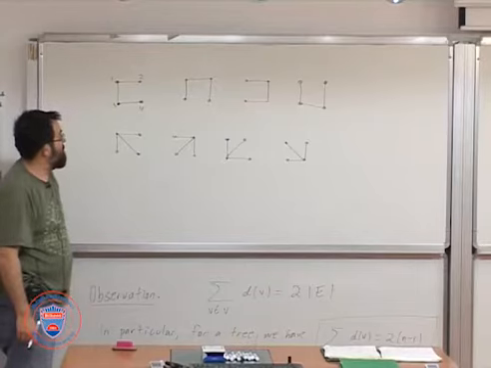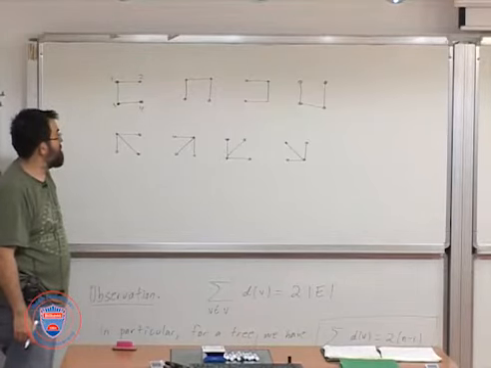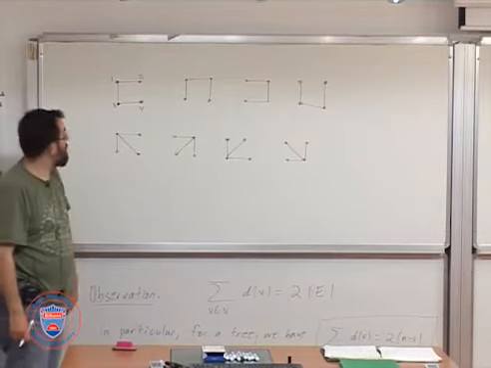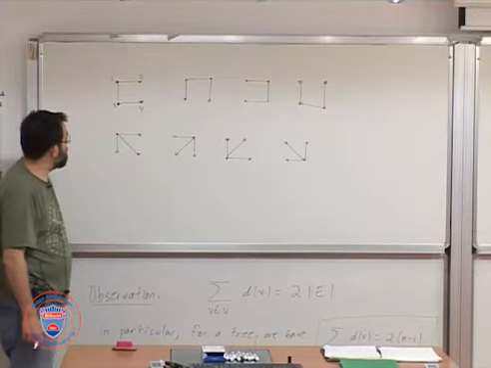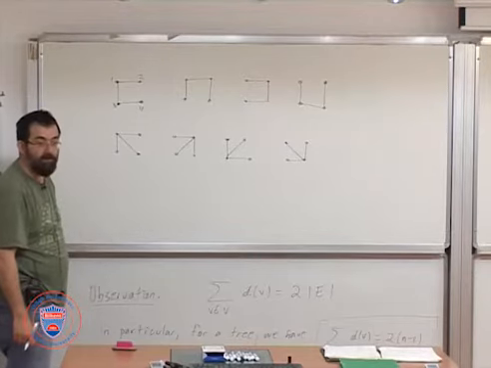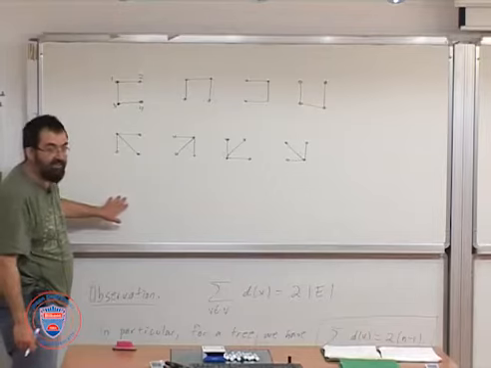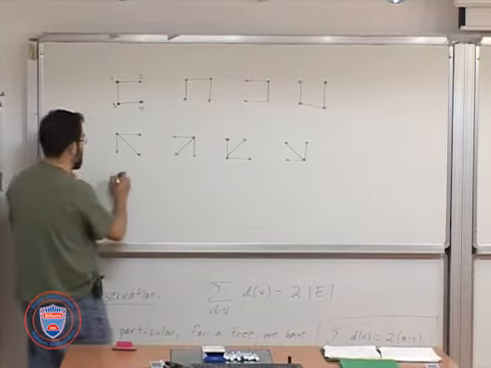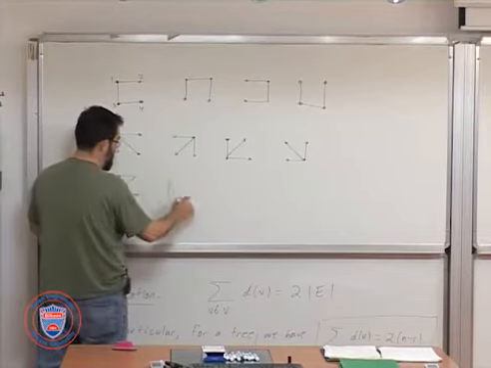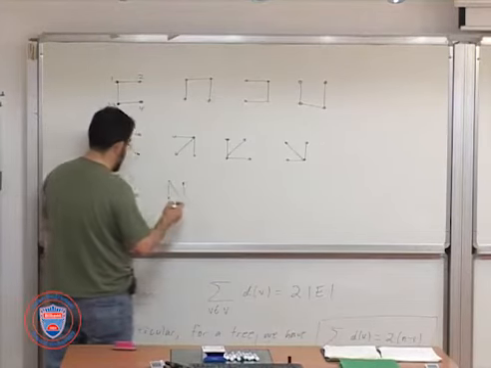So what else can it be? You could have Z's. You could have N's. I don't know.